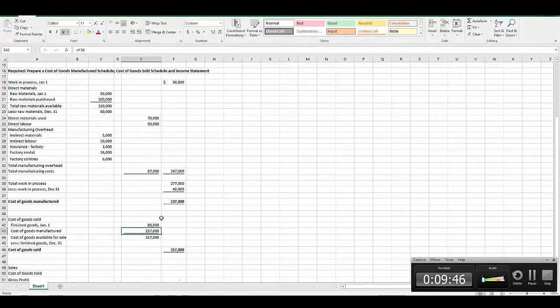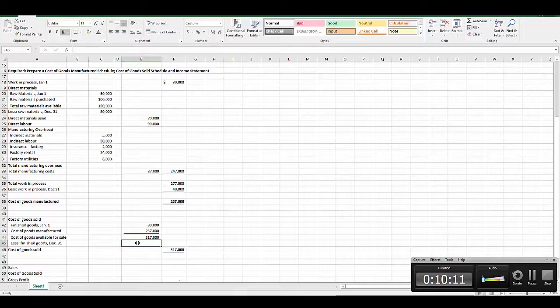Then we know that our cost of goods manufactured is $237,000, which we took from our cost of goods manufactured schedule. So the total cost of the goods available for sale is $317,000. But as I just mentioned, we weren't fortunate enough to be able to sell all of those during the course of the year.